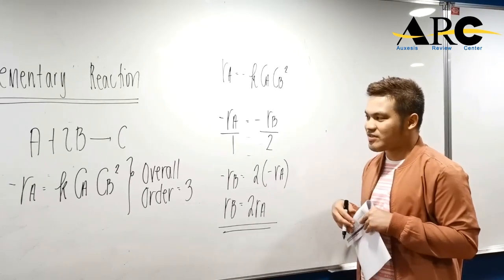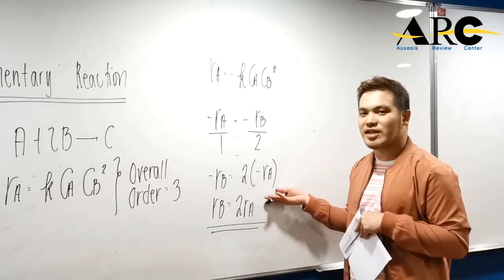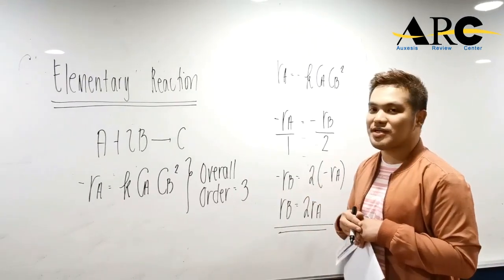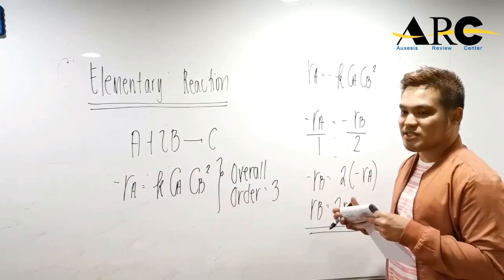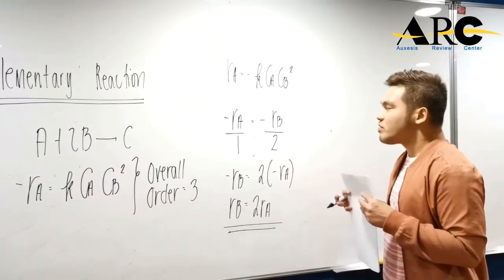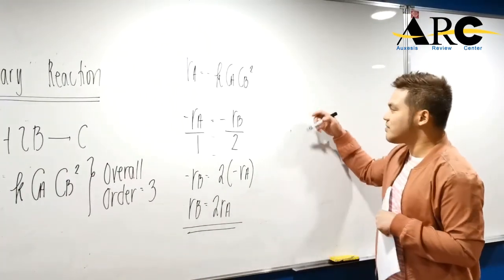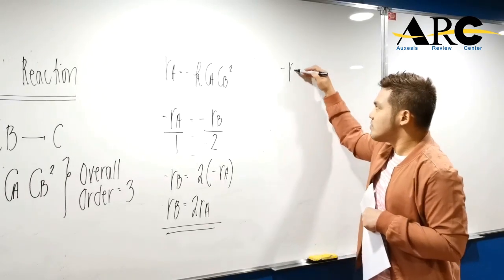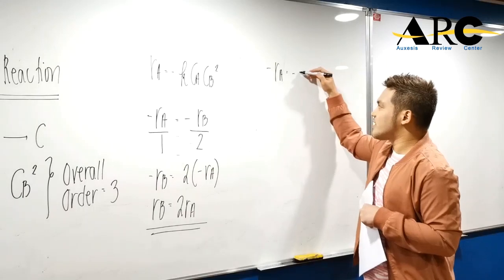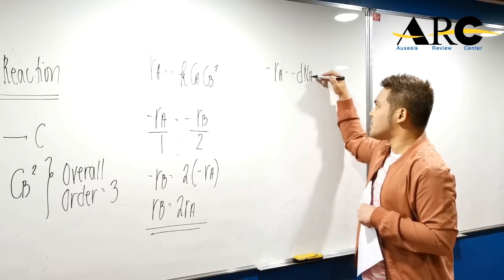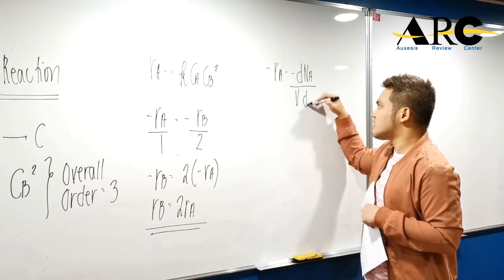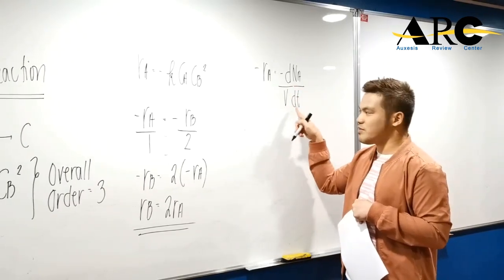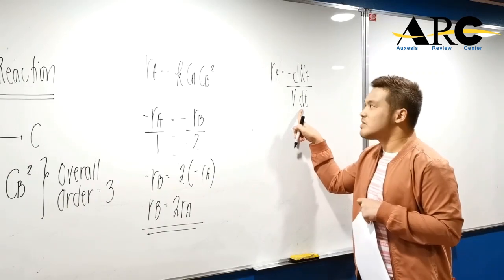Ganyan natin ini-express yung rate equation based sa law of mass action. Ganito rin natin kinukuha yung order ng reaction based sa stoichiometry. Kung naalala nyo kanina, meron tayong tinatawag na negative RA, which is equal to negative dNA over V dt, yung moles of A disappearing over volume over time.